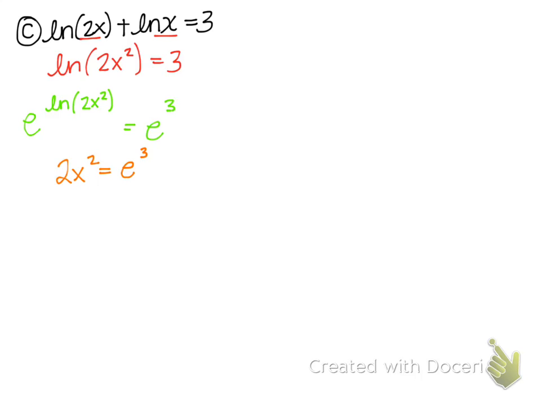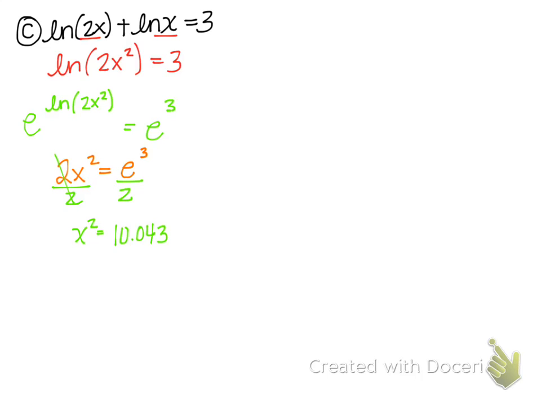Okay. Next thing we got to do, we got to divide both sides by 2. So the 2's go away here. And you can use your calculator to do e to the 3rd power divided by 2, and you get 10.043.